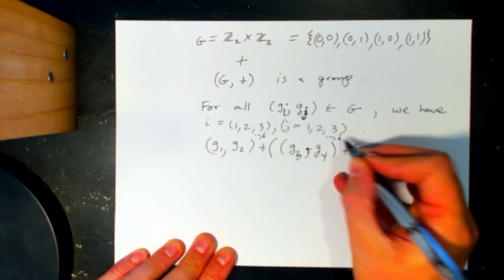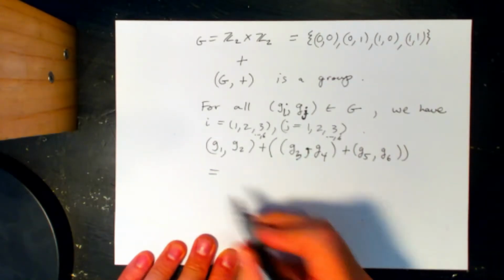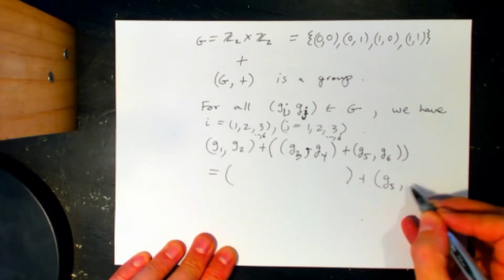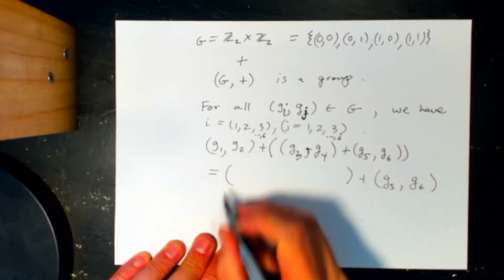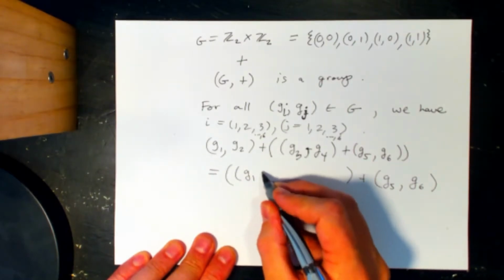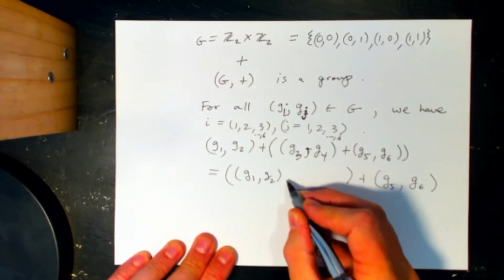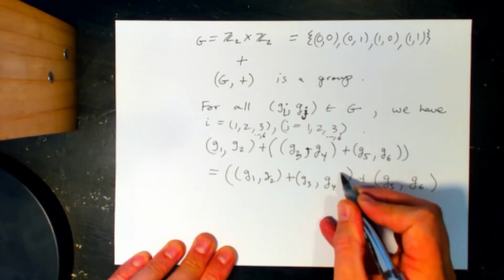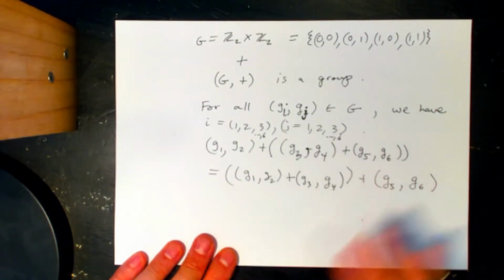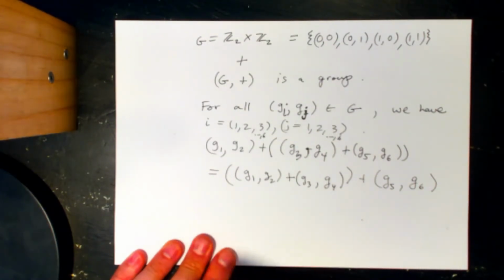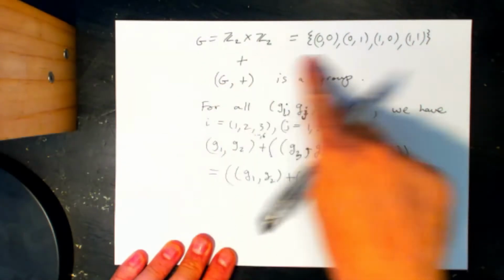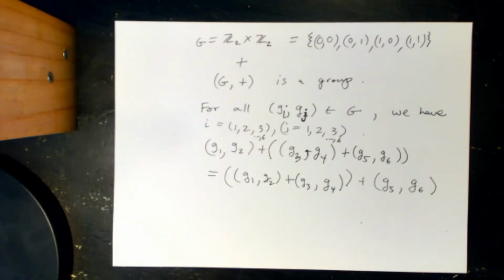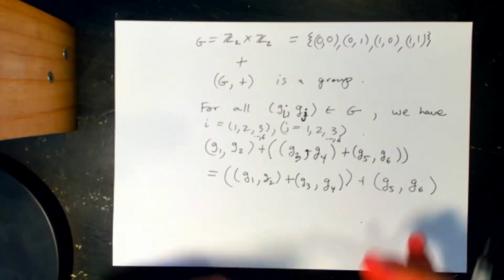I want to say that this is the same as if I just move the brackets over: (G1, G2) plus (G3, G4) in brackets, plus (G5, G6). In other words, if I have 3 elements of G in order in this set, and I want to add those together without changing their order, but moving the bracket over, I'll get the same thing.